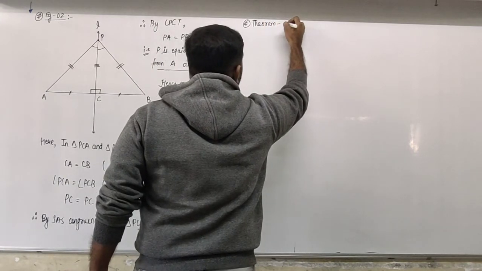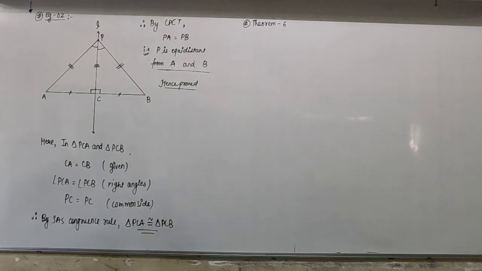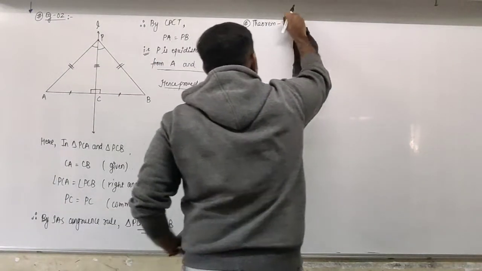Theorem number 7.1, that is the ASA congruence rule.